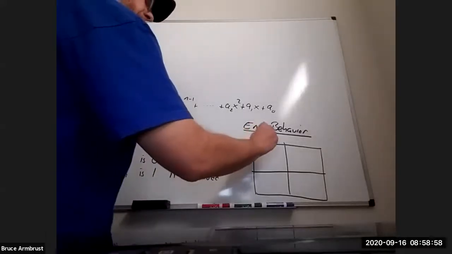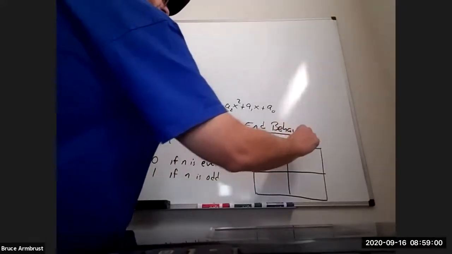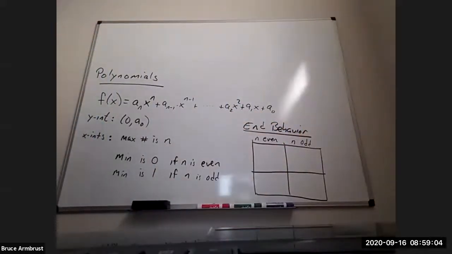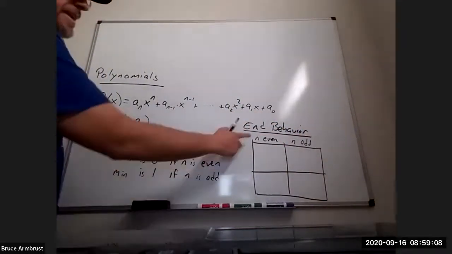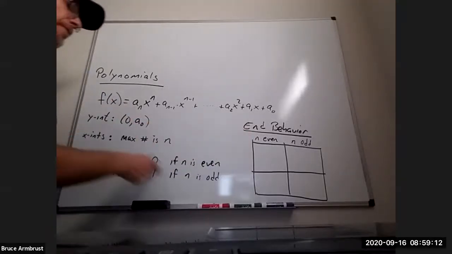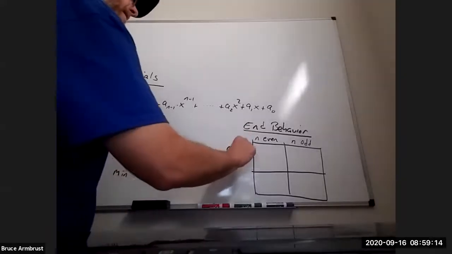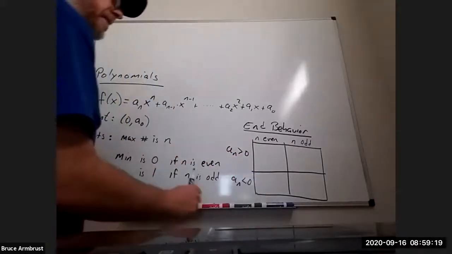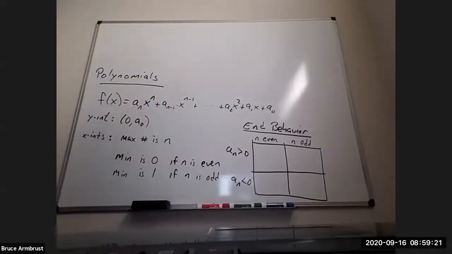Up here we're going to have n is even, and the second column is going to be n is odd. But just because n is even, that's not enough to tell us. We also need to look at the leading coefficient, and it depends on if that leading coefficient is positive or negative.